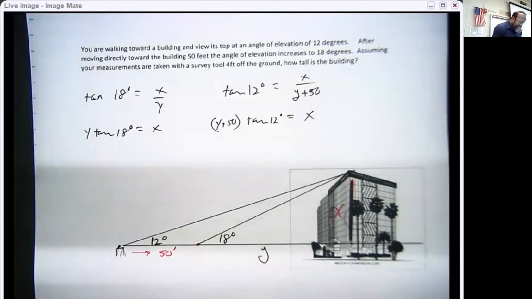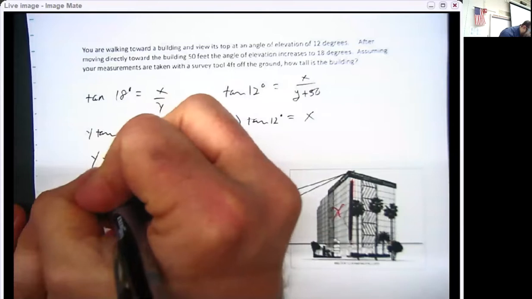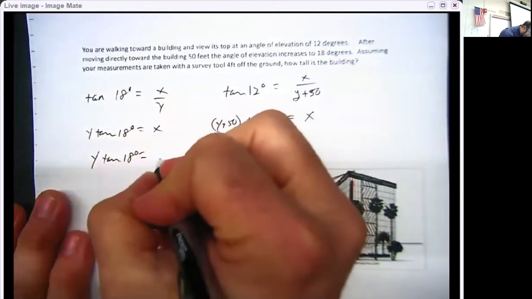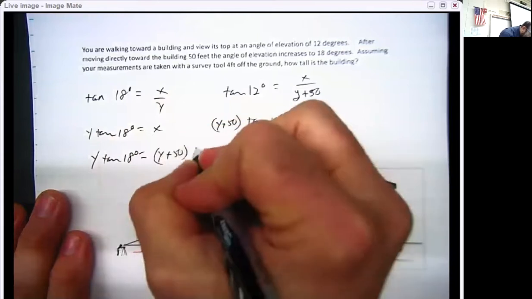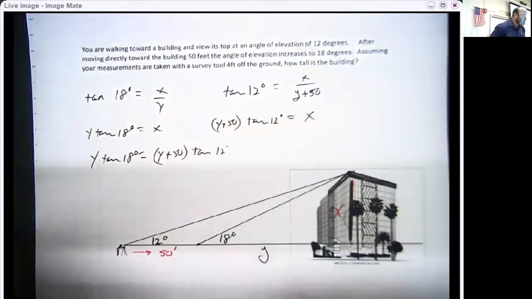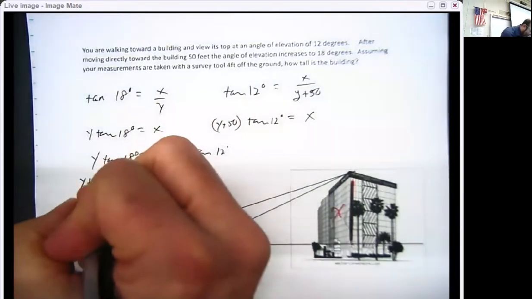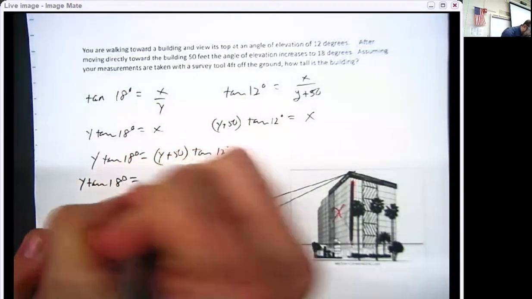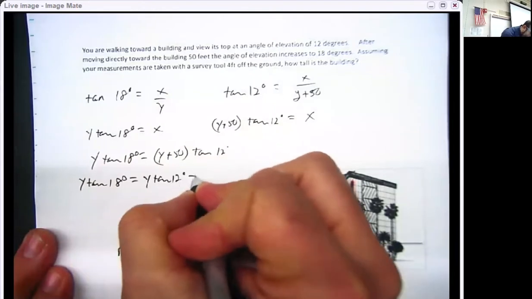Can I just bring those two together and say y tangent of 18 is y plus 50 tangent of 12? I mean, it just naturally happens, doesn't it? Which is kind of cool. But that's a little bit tricky because I now need to figure out some way to separate them.